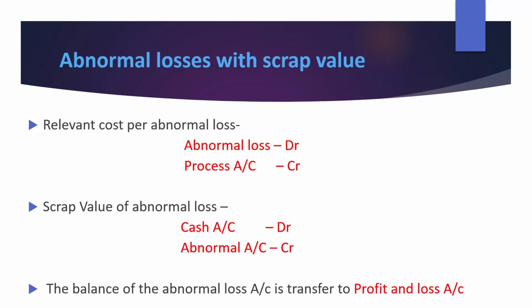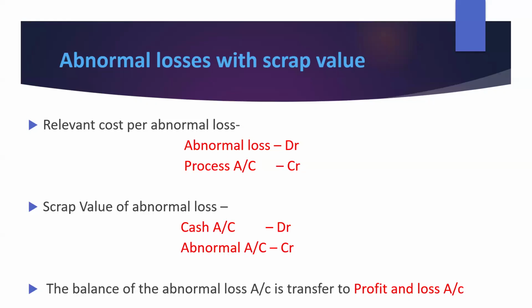The balance of the abnormal loss account is transferred to the profit and loss account. If the scrap value is greater than the loss value, then there will be a profit, which is shown in the income statement or the P&L.